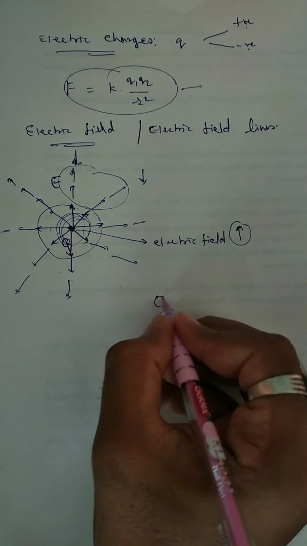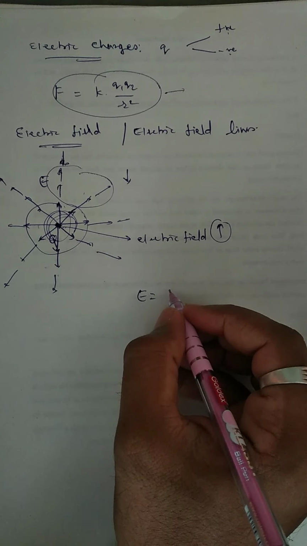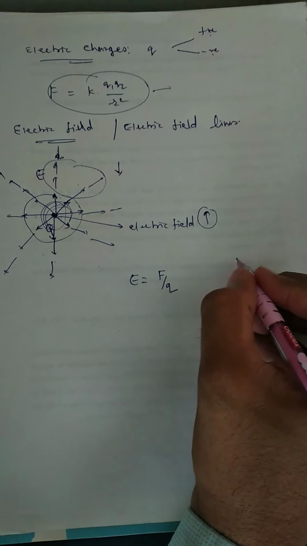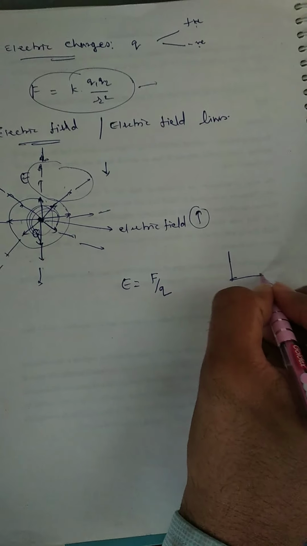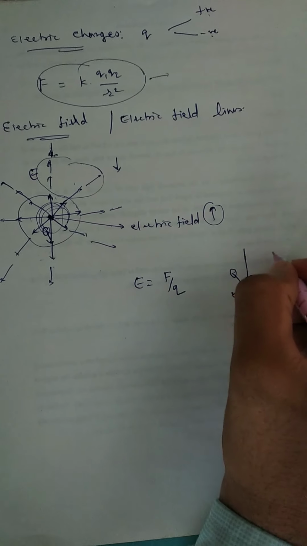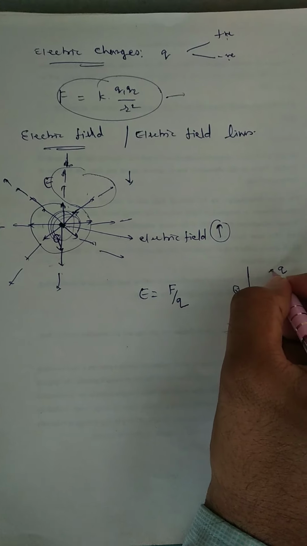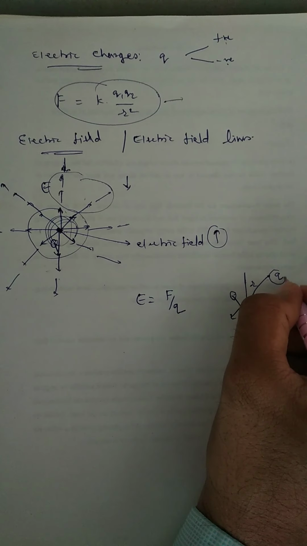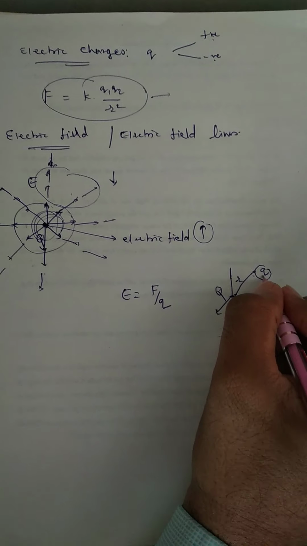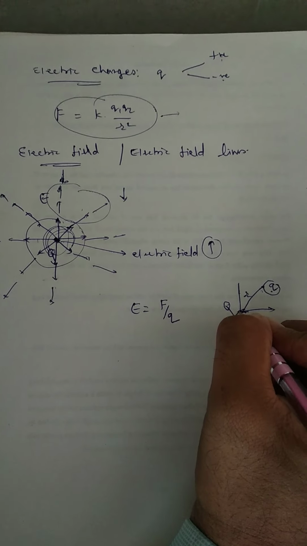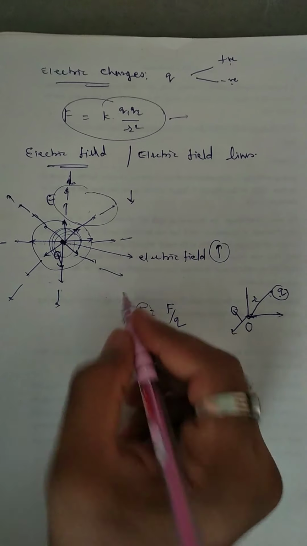Electric field is denoted by the equation F upon Q. This is a Cartesian coordinate, this is charge Q, and suppose a point charge Q is at a radial distance of r. The force which a unit charge experiences because of this source charge is known as the electric field.